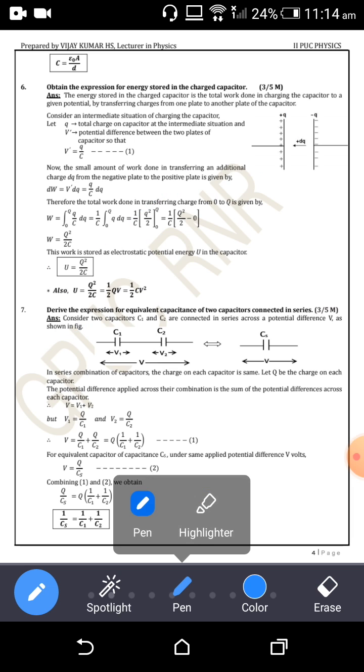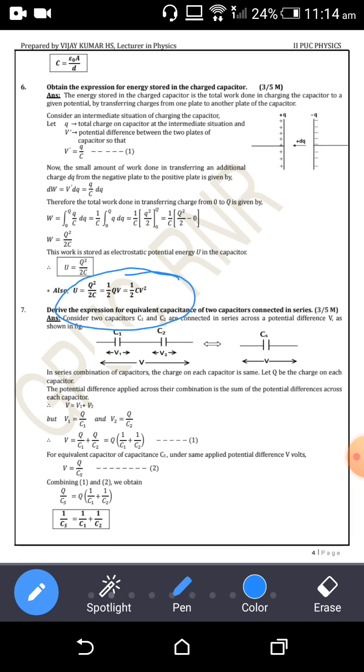So this is the expression for the energy stored in the charged capacitor. As you know, these are the different forms of potential energy of a charged capacitor. Potential energy can also be written as Q squared divided by 2c, or half into QV, or half CV square. These are the different forms. I think you are aware of these different forms, right? How did you get that?